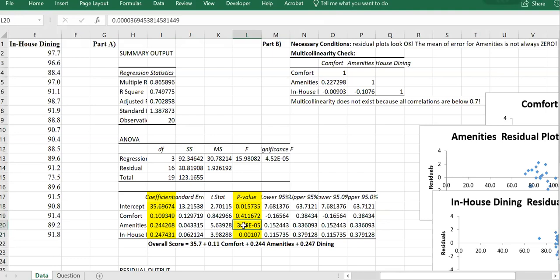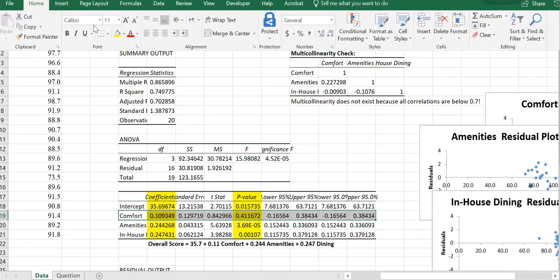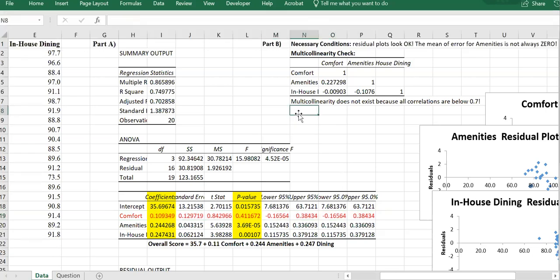This is 0, also less than 1%. This one is not less than 1%. So this is the only one that is insignificant, all right? So I just mark it with the red color, and I put a note here: Comfort is not significant at 1% level of significance.